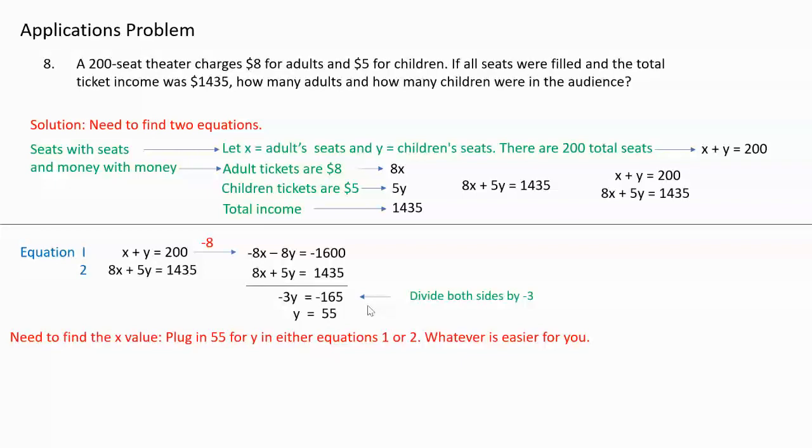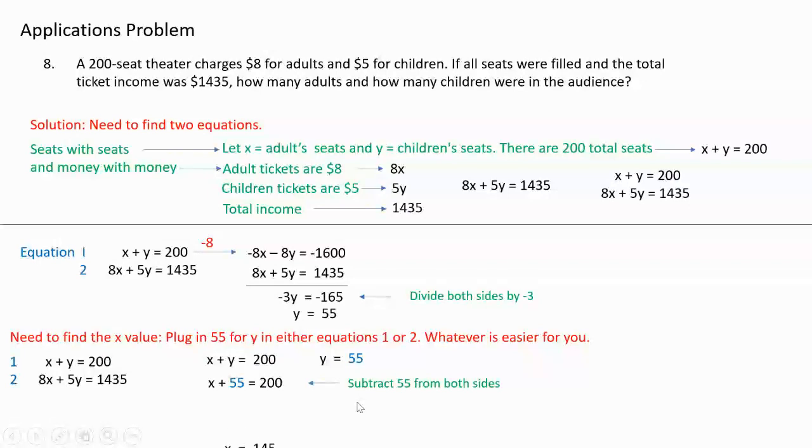Whatever is easier, and it's kind of obvious that equation 1 is easier. So let's go to equation 1. We know that y equals 55, so let's plug it in for y. Then we subtract 55 from both sides. So we get x equals 145 because 200 minus 55 gives us 145.